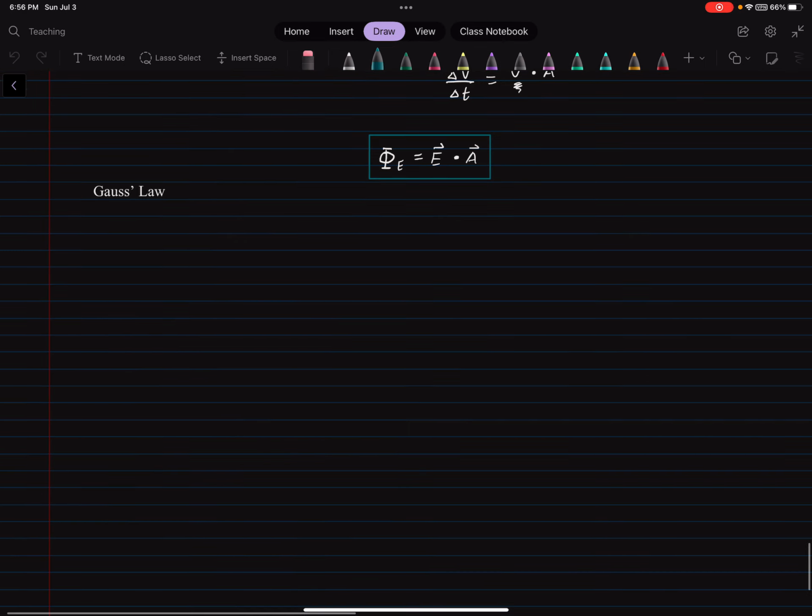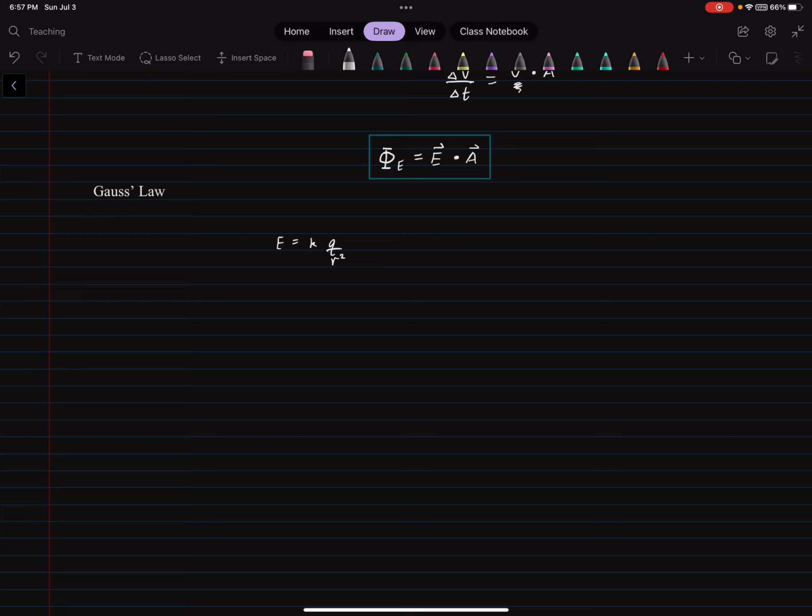So as we know, the electric field of a single positive point charge Q is given by KQ over R squared, right? This R, you're like, well, what the heck? Where does the R come from?